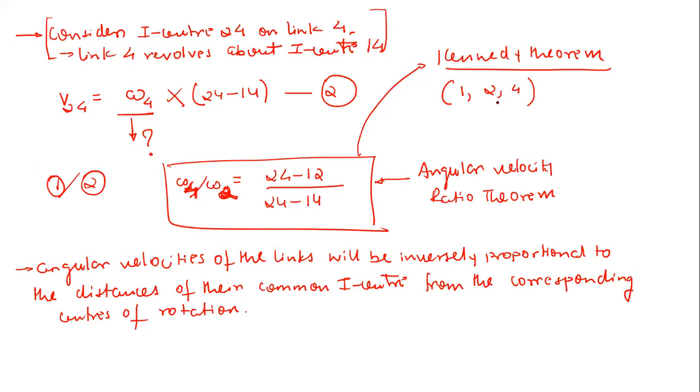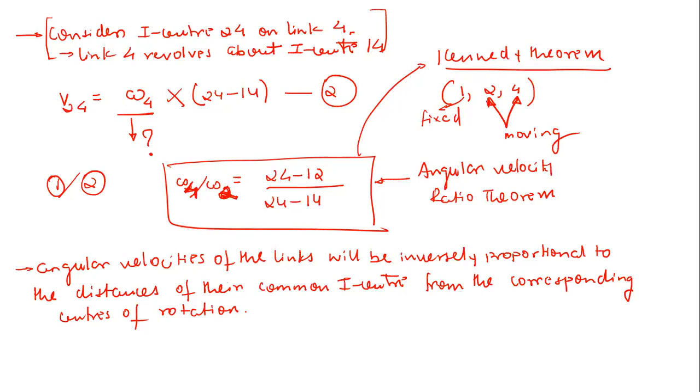So three rigid bodies are involved. Out of this, these 2 and 4 are moving relative to this fixed one. So this one is fixed and this one is moving. So now you can refine this definition further and say the angular velocities of two links moving relative to a third link will be inversely proportional to the distances of their common I centers from the corresponding centers of rotation. Right? That's it.